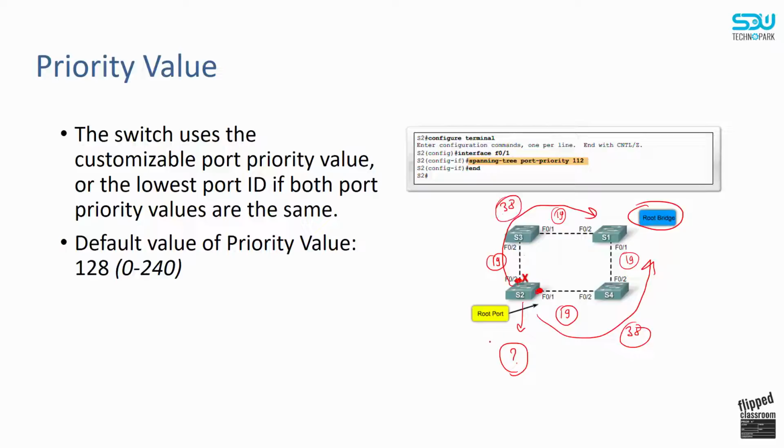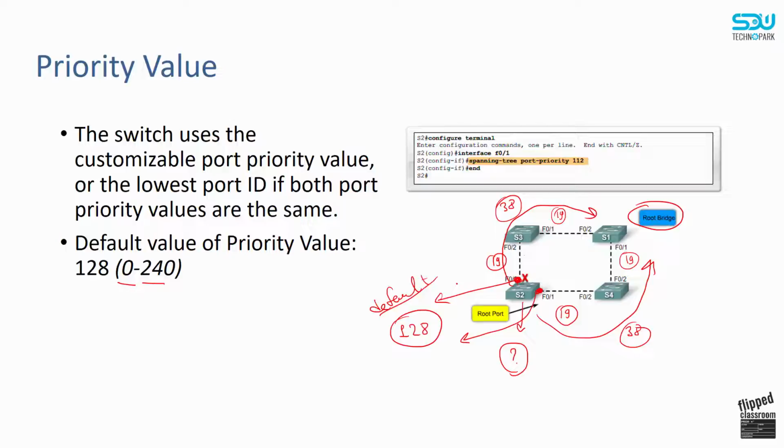Then switch 2 will use the priority value of each port. The priority values are from 0 to 240, and if you didn't configure anything on your switch, the priority value is 128 by default. Because the priority values are the same, we again have the question of how to select.